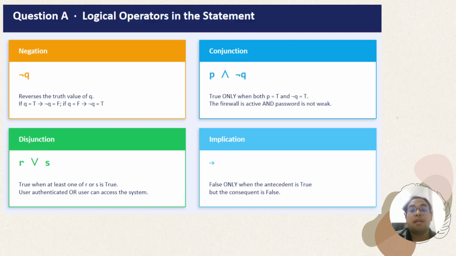In R or S, this is true whenever at least one of R or S is true. It represents a logical OR. The fourth is implication. This is the most important operator here. It is only false when the left side, called the antecedent, is true, but the right side, the consequent, is false.